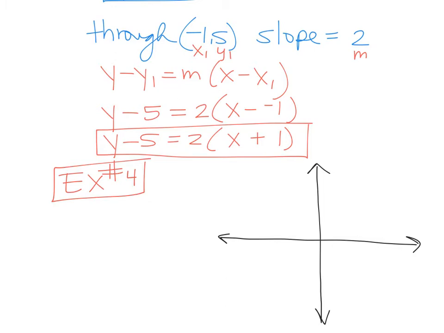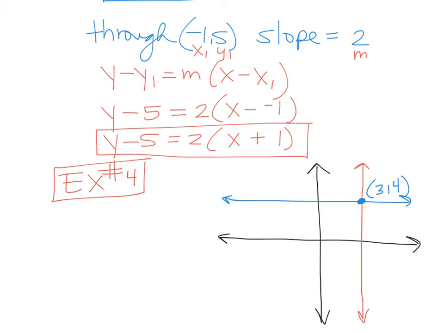Let's say we have this line here, and we have this line here. So if this point is 3, 4, okay, I want to know the equation of both of those lines, the equation of the blue line and the equation of the red line, okay?